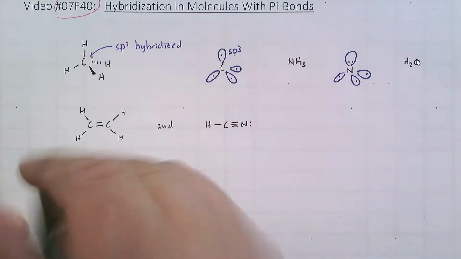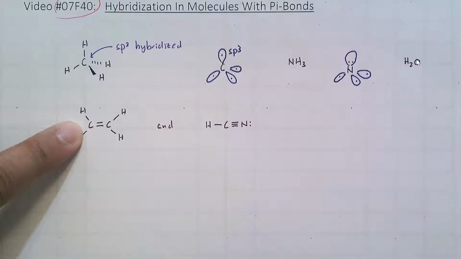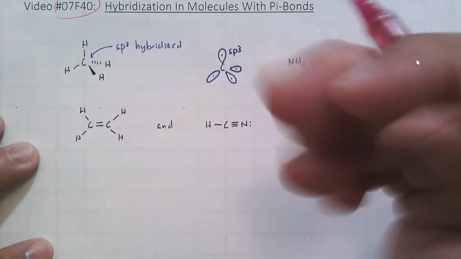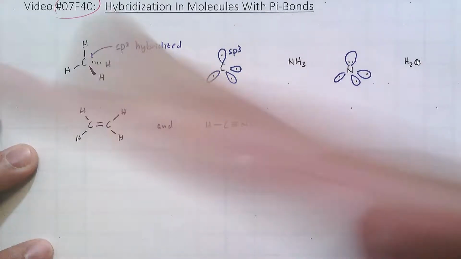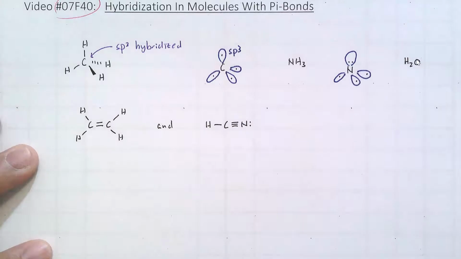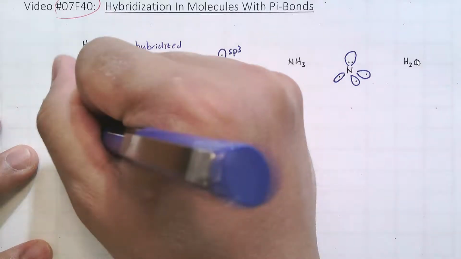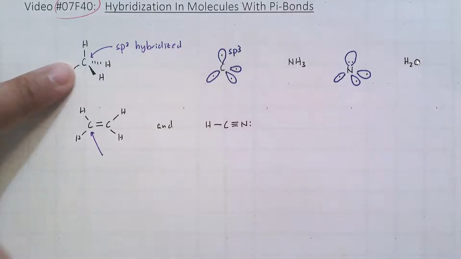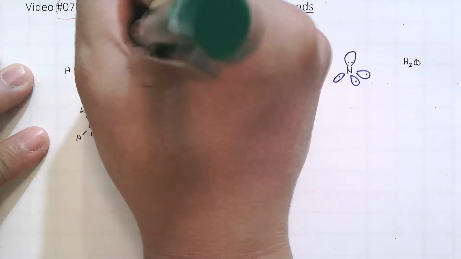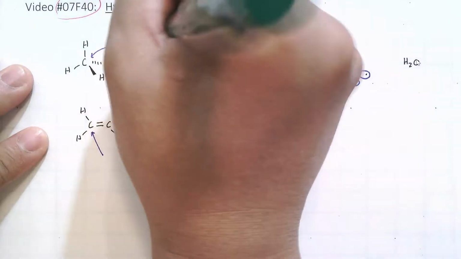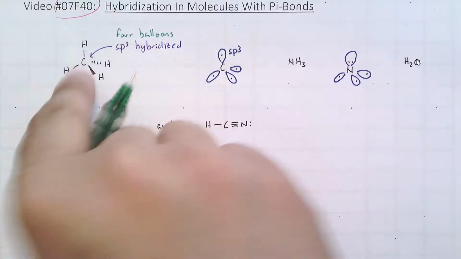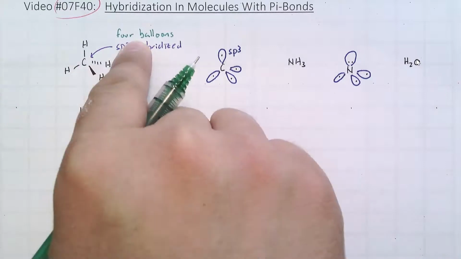Okay, so let's do the hybridization of this carbon right here. Before we draw any type of energy coordinate diagram, let us guess what the hybridization of this carbon is right here. Now, do you remember the trick? The trick was, since the carbon in methane has 4 balloons, okay, I like to call the electron domains or the electron pairs balloons, right?